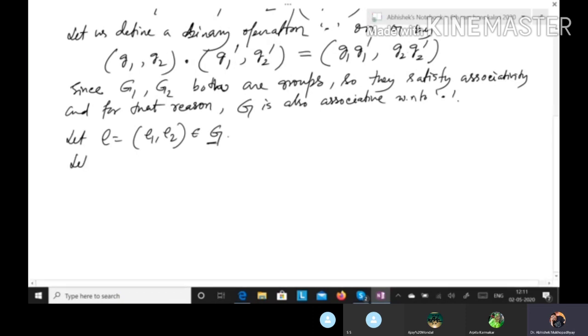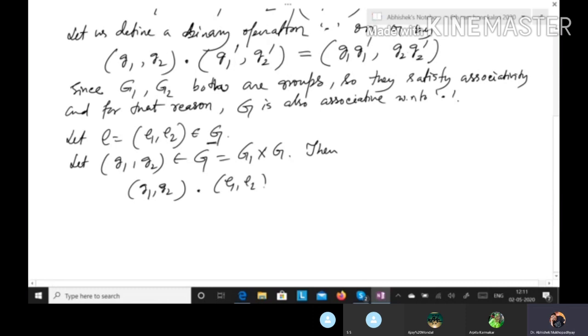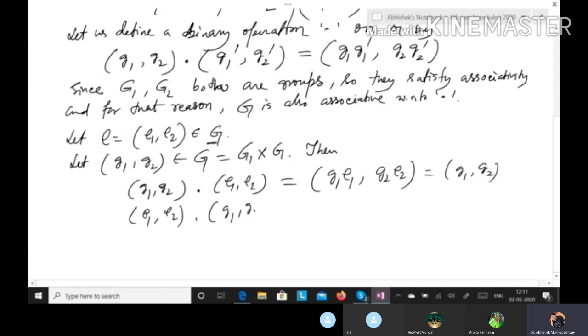So let (g1, g2) be any element of G. Then (g1, g2) dot (e1, e2) is (g1 e1, g2 e2). Now since e1 and e2 are the identity elements of the respective groups G1 and G2, this must be (g1, g2). In a similar way, we can show that (e1, e2) dot (g1, g2) is also (g1, g2).